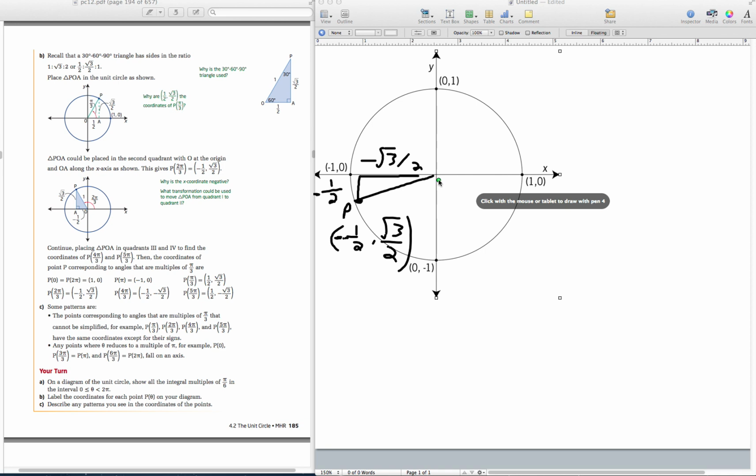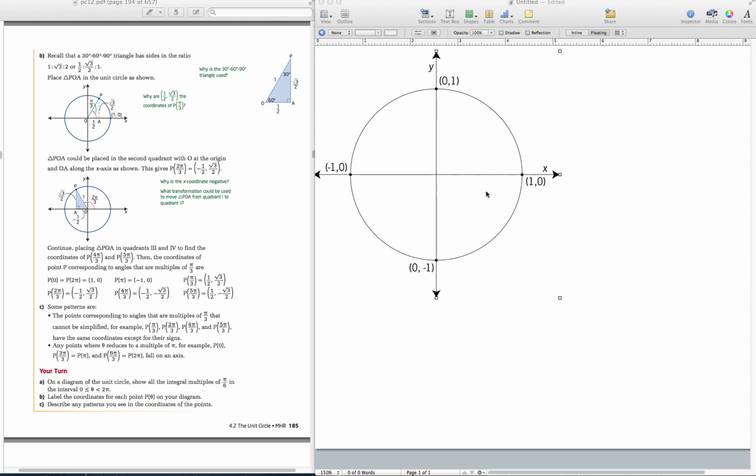And then lastly, if we go to quadrant 4, same idea again. This angle here is still going to be pi over 6, and this is still going to be 1/2, and this distance here is still going to be root 3 over 2.